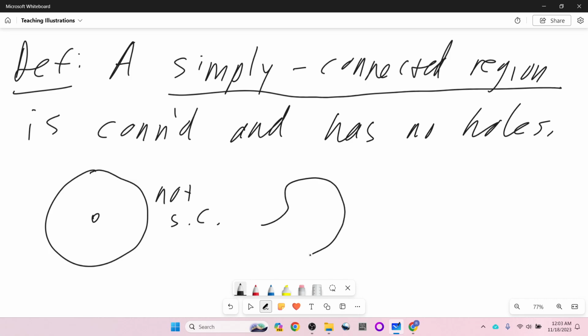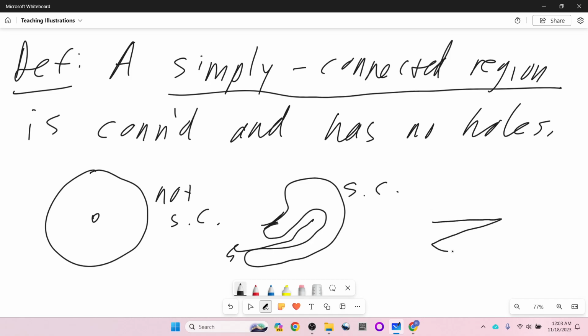If we had something like this, that is simply connected. Let's pretend that closed properly. There's no holes in it. There's this weird divot, but it's not enclosed. There's nothing trapped inside it. Something on the inside could get out. Something like this, Pac-Man here, not simple, that is simply connected because again, there's no holes in it.